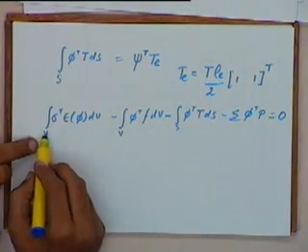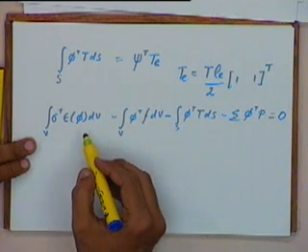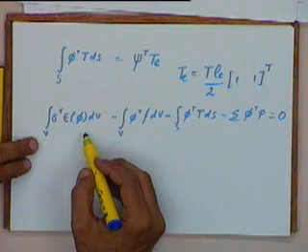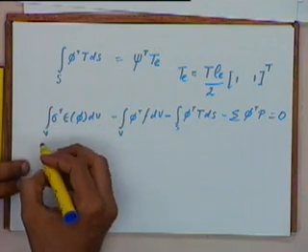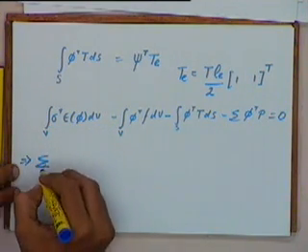Now this is the integral over the complete volume, and the integral over the complete volume will be the same as the summation of the integrals over each of the elements.